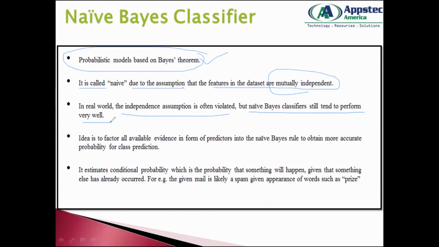These are some statistical statements to justify the attributes of a naive Bayes classifier. The idea is to factor all available evidence in the form of predictors into my naive Bayes rule to obtain a more accurate probability of a class prediction. So this is what we have understood.